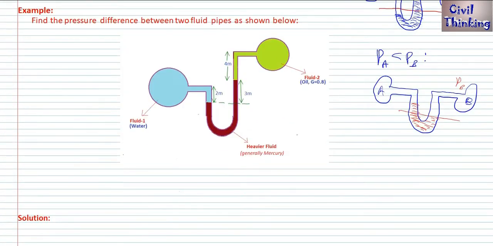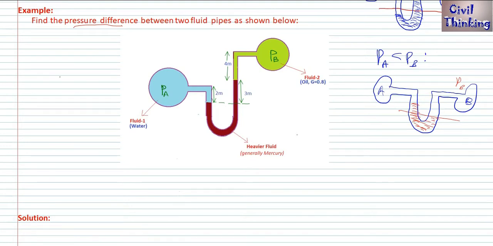Now let's solve this problem. Find the pressure difference between two fluid pipes as shown below. Okay, we have to find the pressure difference. Let the pressure here be PA in this fluid, and let the pressure here be PB in this fluid.